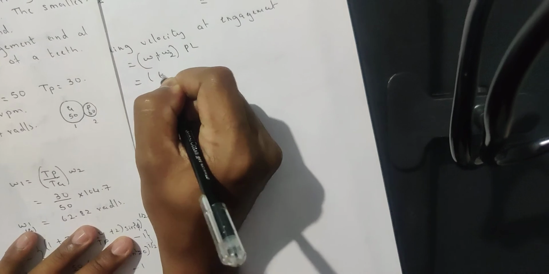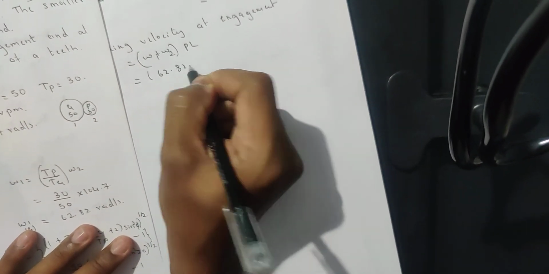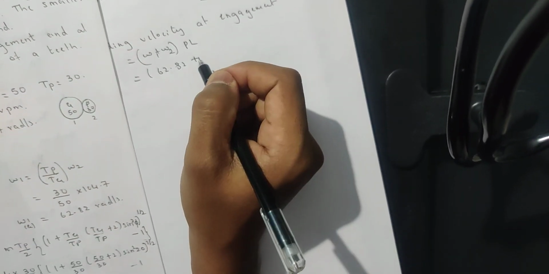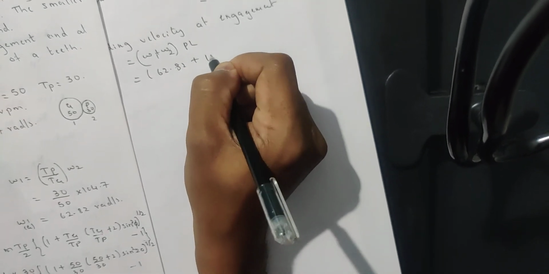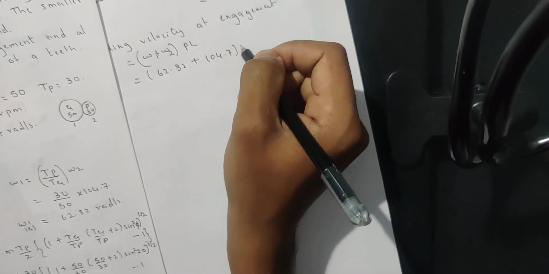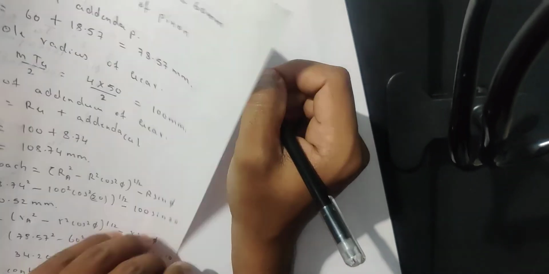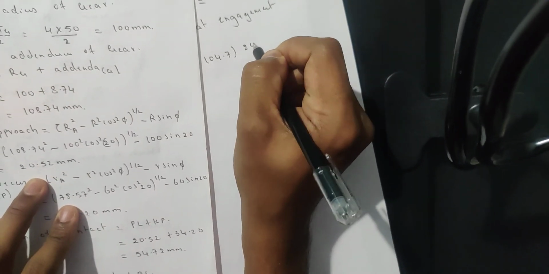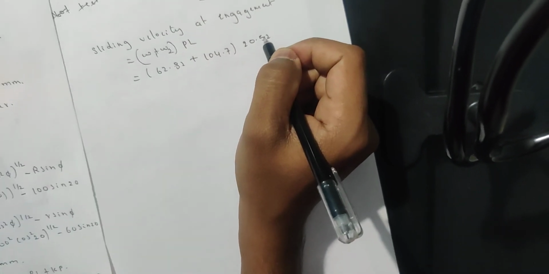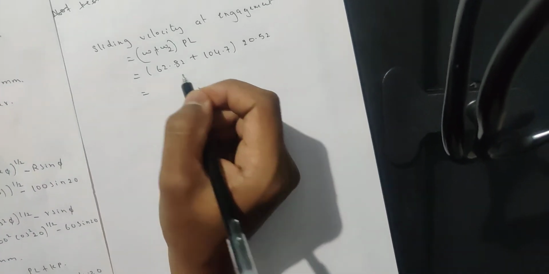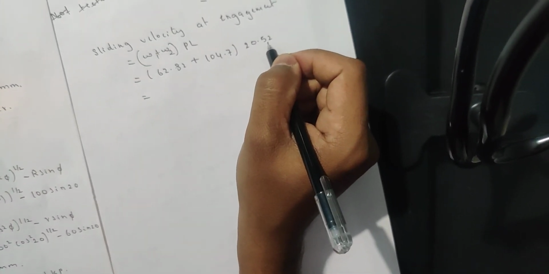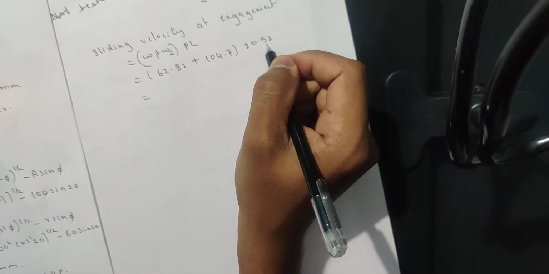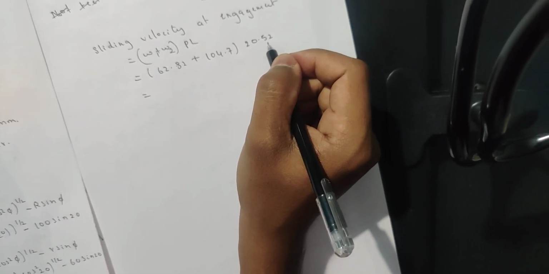So what is that? Omega 1 is how much we have got? Omega 1 is 62.82 plus omega 2 we have calculated as 104.7 into PL, we had got it as 20.52. That was in mm.